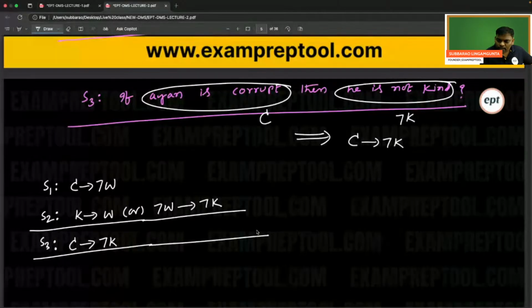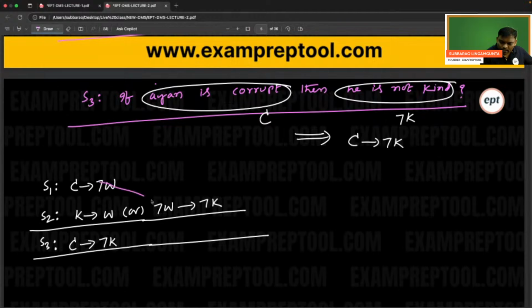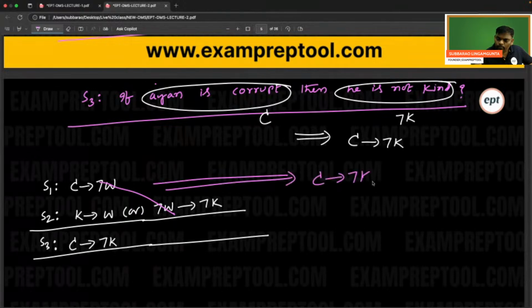So using the transitive property, you can cancel this. Then it goes to C implies negation K, which is the same. Using the implication rules, I proved that the premises derive the conclusion.